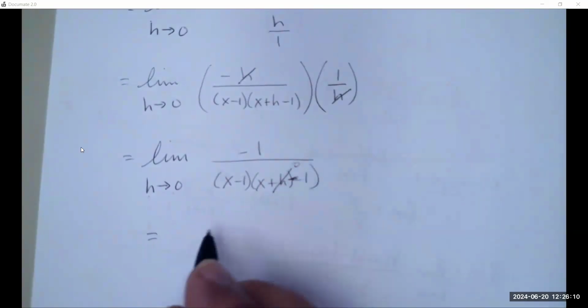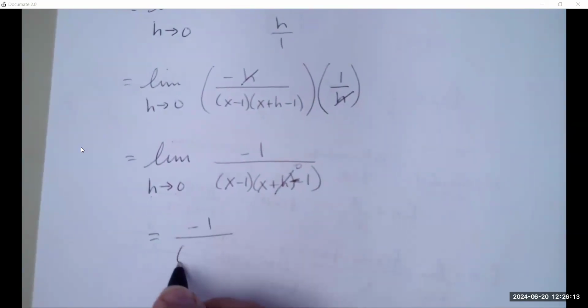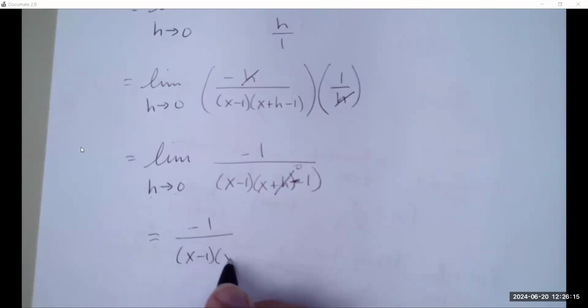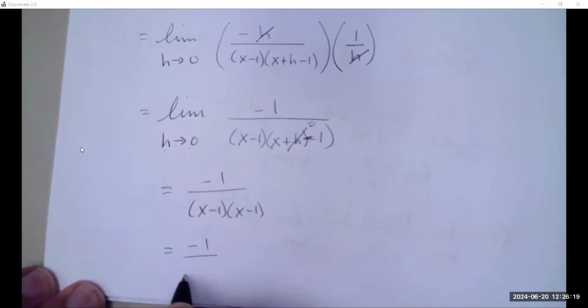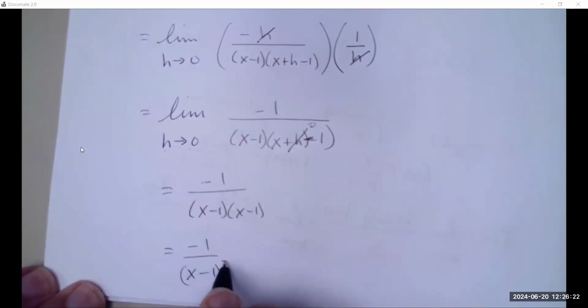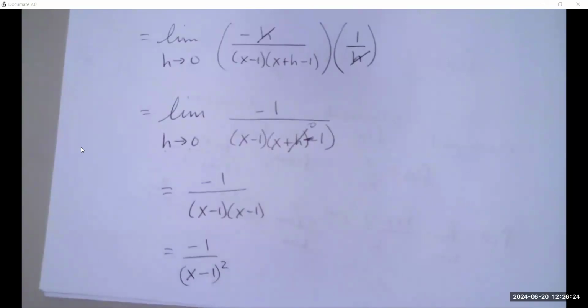So that one disappears, and we have negative 1 over x minus 1 times x minus 1, which makes it negative 1 over x minus 1 squared. Pretty similar to the one we had earlier.